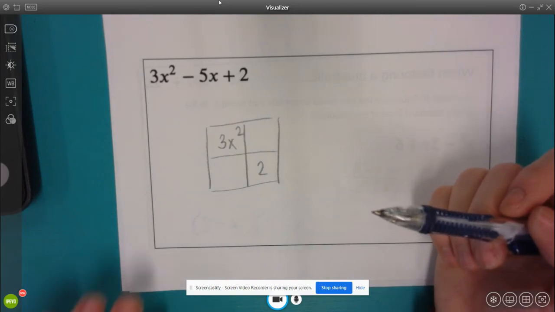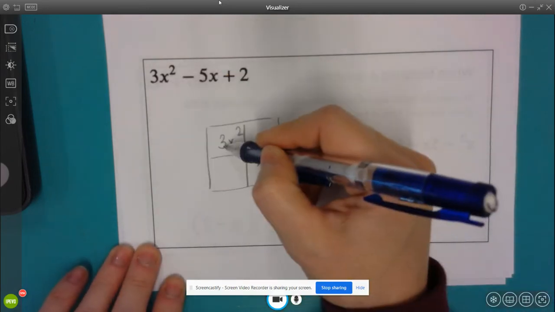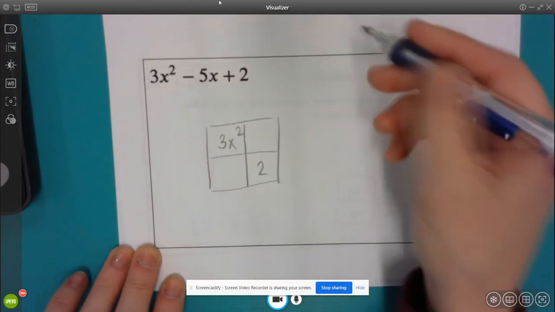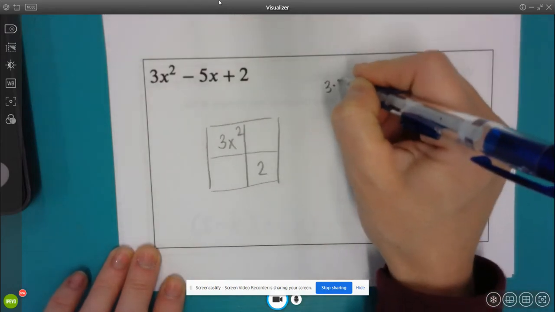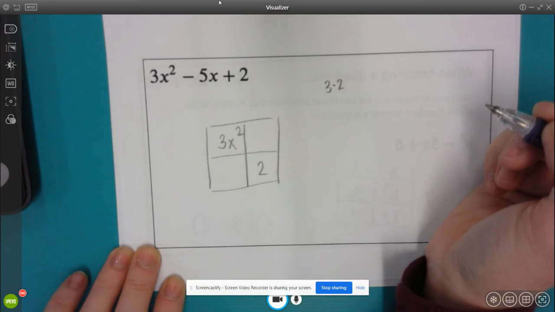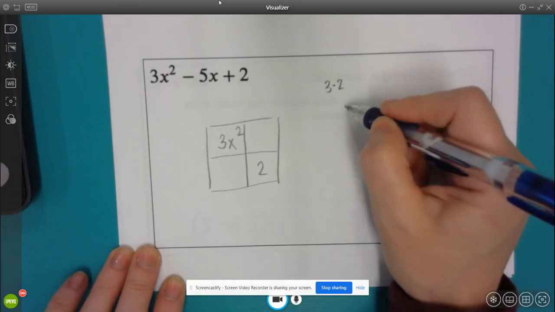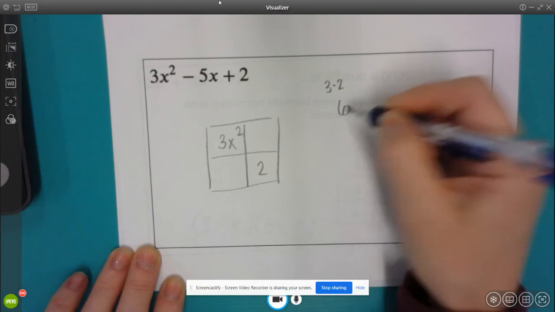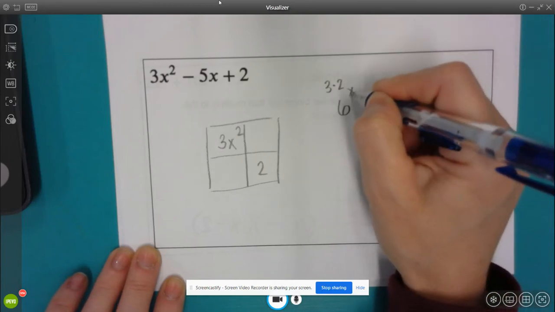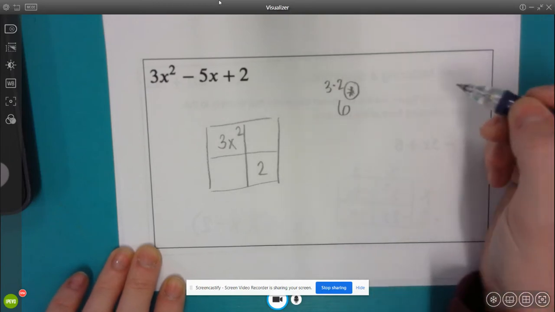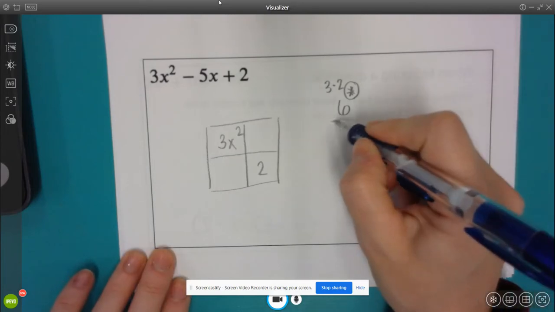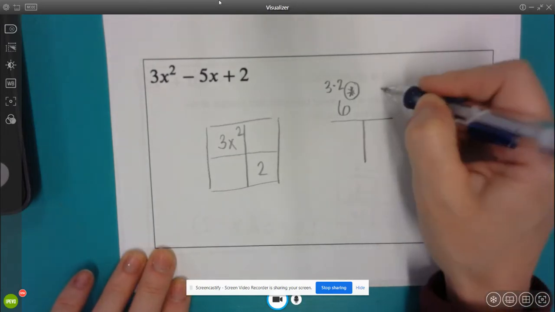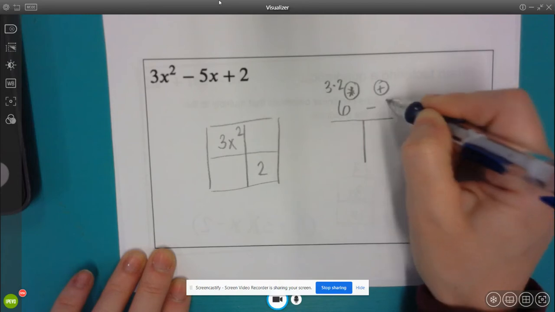What we're going to do is take the 3 and the 2, and I'm going to multiply them together. So that's going to give me a value of 6.